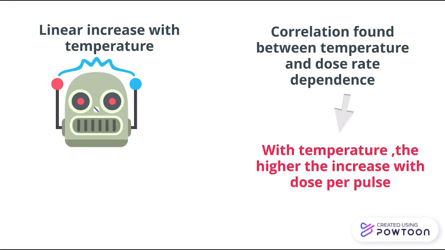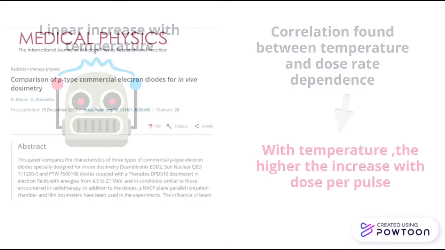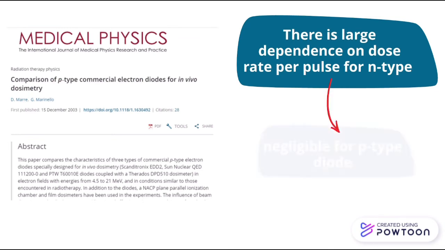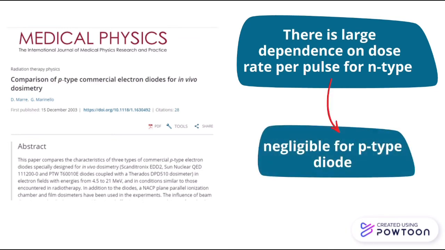While with the temperature, the higher the increase with dose per pulse, it is observed that there is a large dependence on dose per pulse for N-type and a negligible one for P-type diodes.